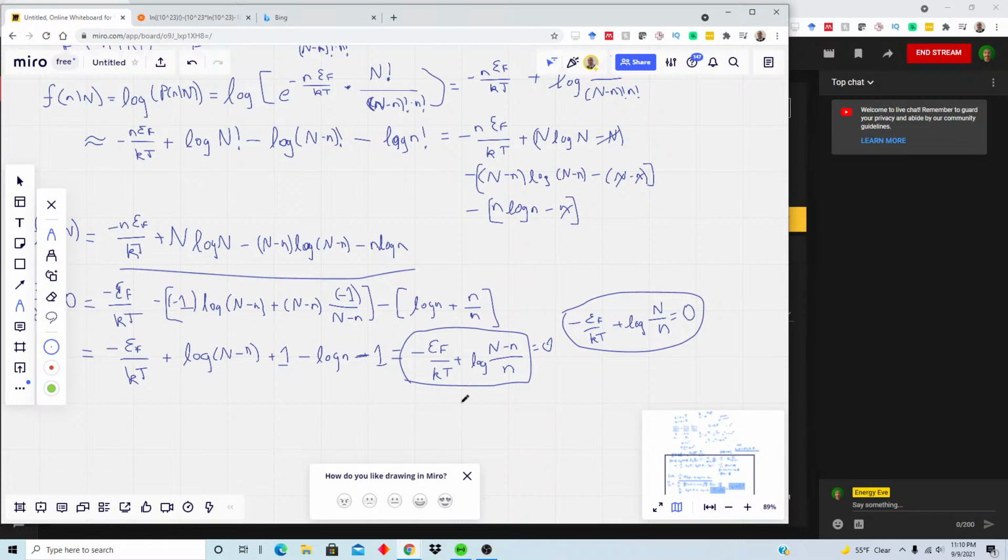I think for now we might go with their approximation because it would actually make looking at some of this stuff easier. And so when we look at this, we can subtract over to the other side. We're left with log n over N is equal to minus EF over KT.